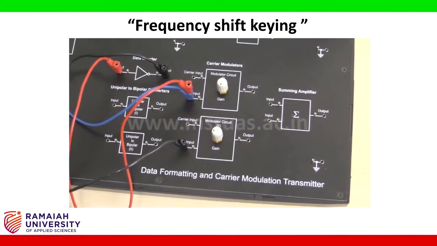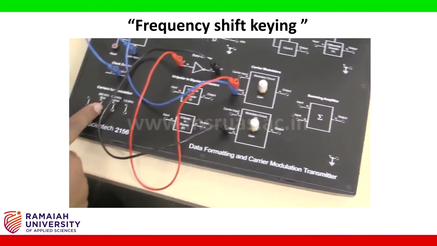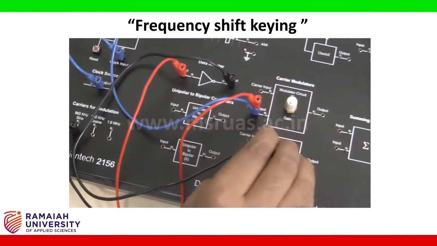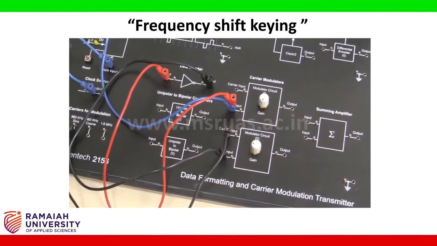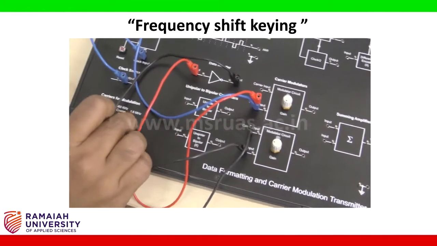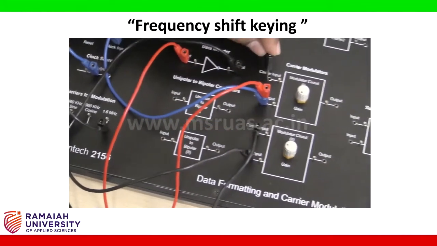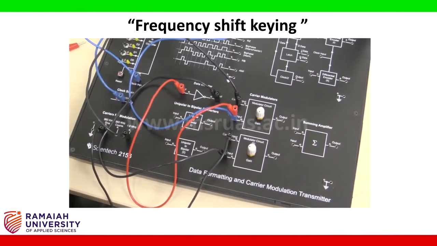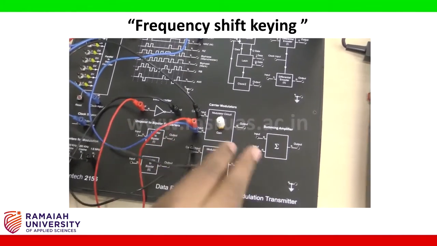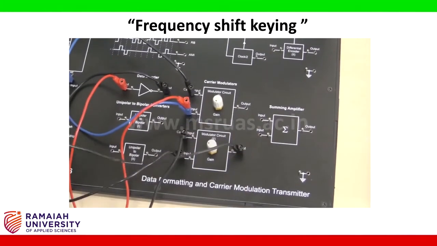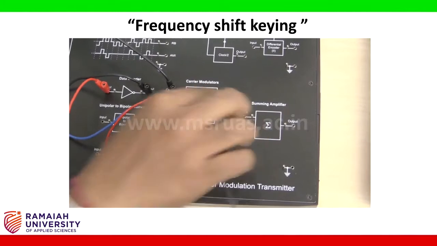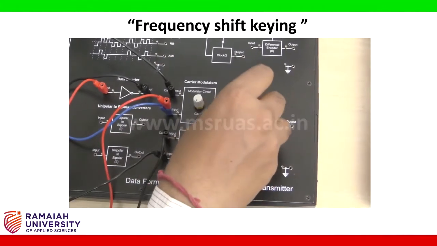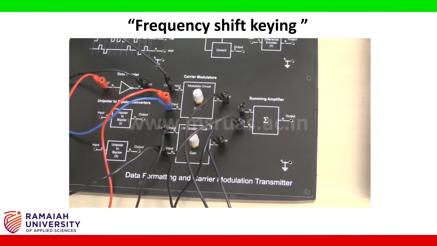Then connect the 960 kilohertz modulation signal to the modulator circuit 2, then 1.6 megahertz signal to the carrier modulator 1, then connect the output to the input of the summing circuit and the other output to the input of the summing amplifier.